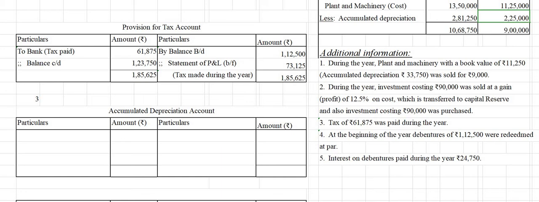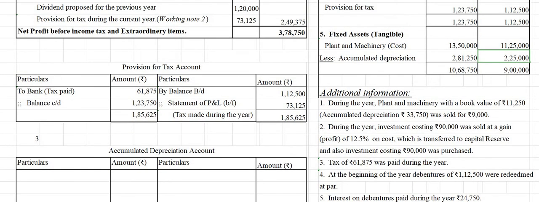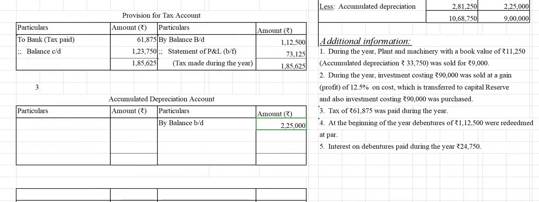You can see here in the notes to account, 1,25,000 is there, that we can take in the credit side of the account by balance brought down 2,25,000. And the closing balance we can take in the debit side to balance carry down. How much?